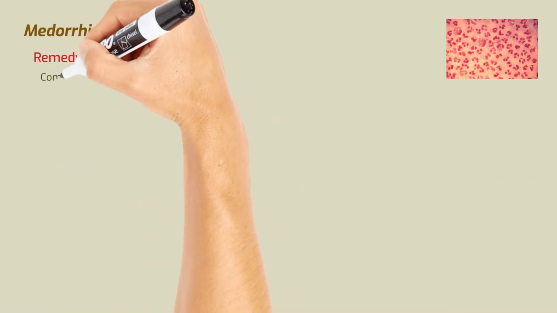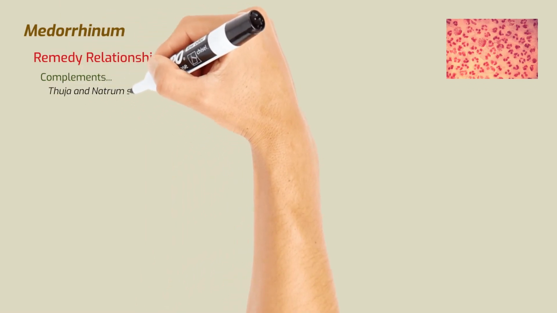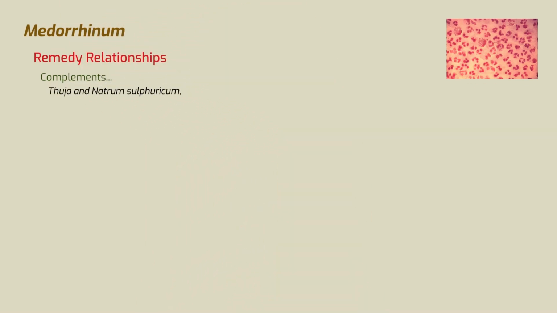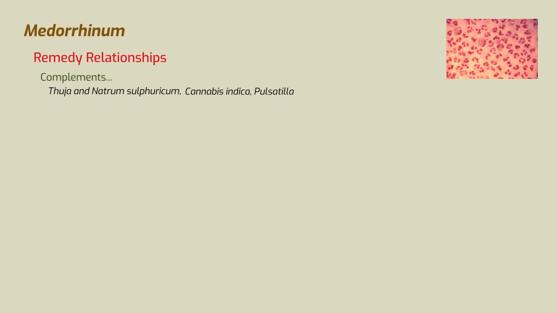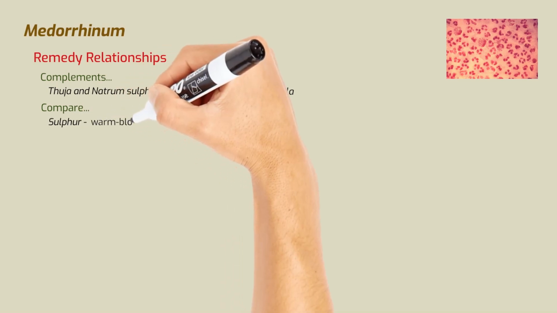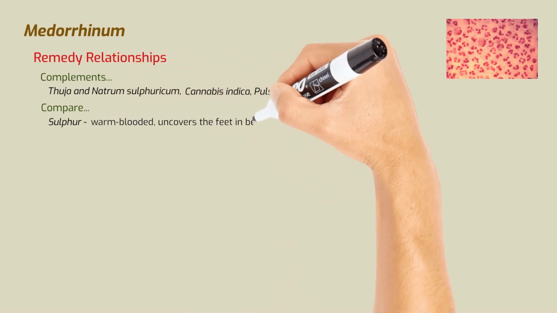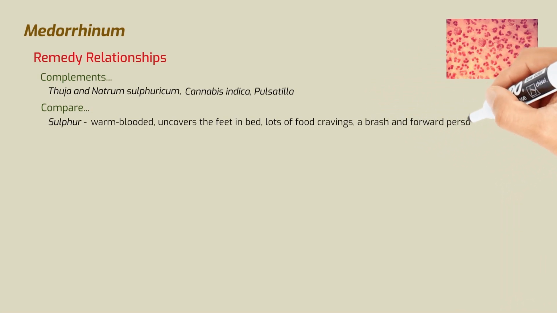Okay, remedies complementary to Medorrhinum include Thuja and Natrum sulfuricum. These are the three main representative remedies of the psychotic miasm. Additional complementary remedies include Cannabis indica and Pulsatilla. Remedies worth comparing to Medorrhinum include sulfur, because it's warm-blooded, uncovers the feet in bed, can have a lot of food cravings, and has a brash and forward personality.